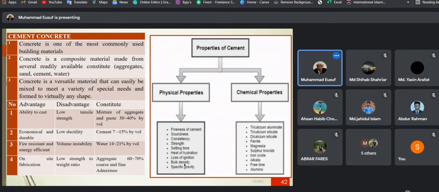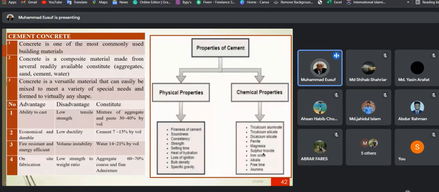Heat of hydration: if you keep the cement bag open for a while, the cement starts to set, it clumps together quickly. This is the problem of hydration. That is why you preserve the cement very carefully, right?